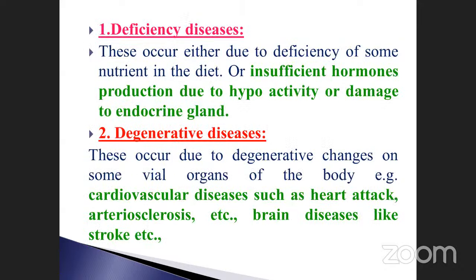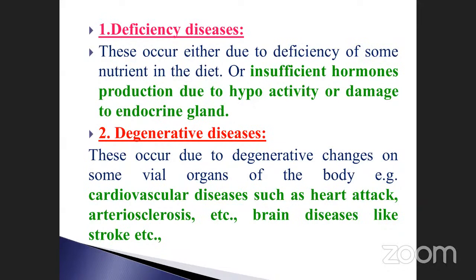Deficiency disease, I already told you. Suppose you are taking foods with a lack of protein, carbohydrates, vitamins, minerals, or other components. If it is insufficient, the production of hormones or enzymes will be less, which means the process is not possible.